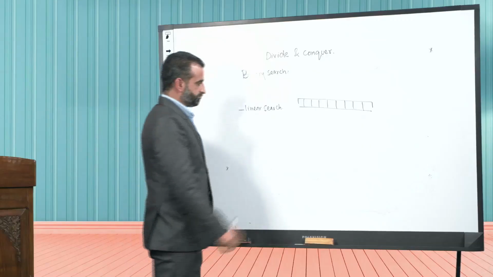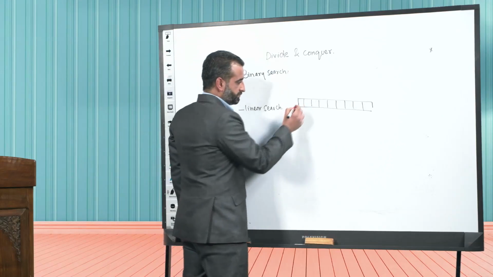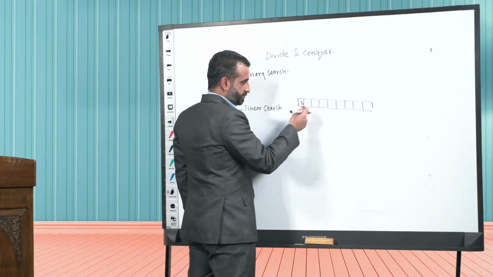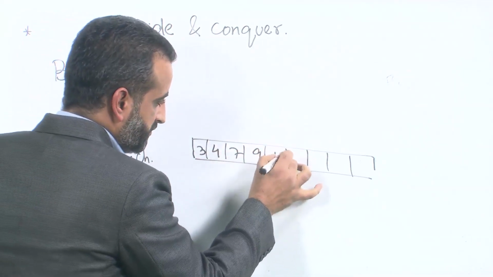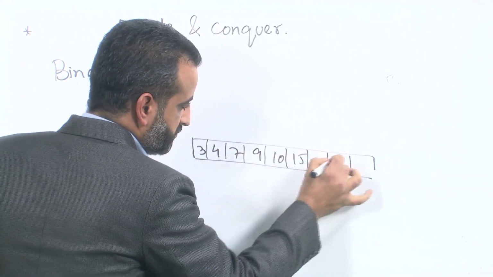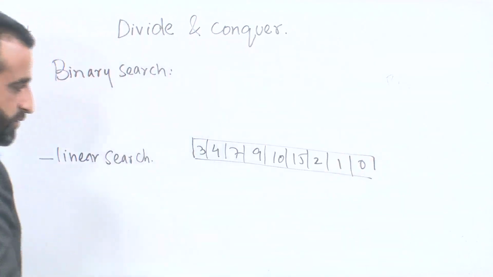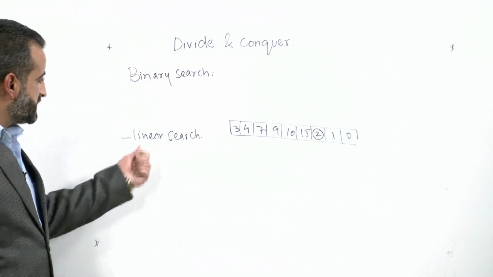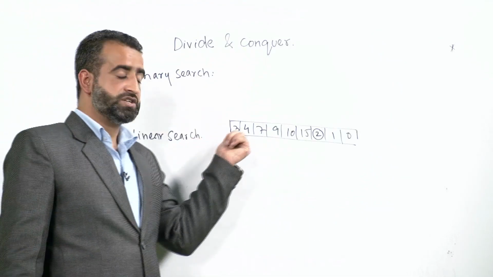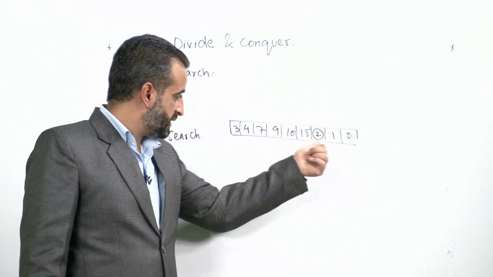Now let's assume we have an array of size 8. And I'm looking for this particular element 2 in this case. Now using linear search, I need to traverse the entire array till I reach this location.